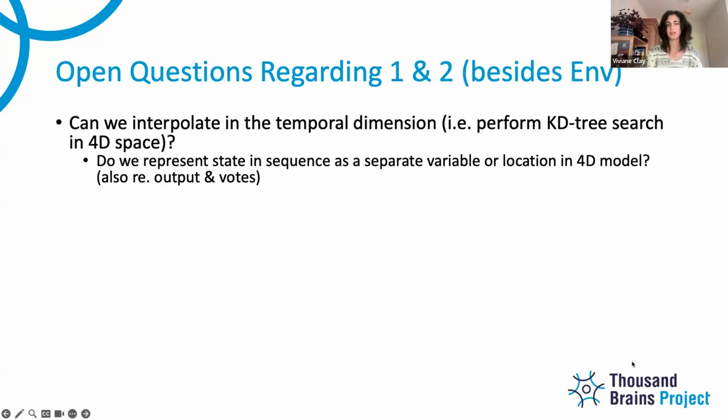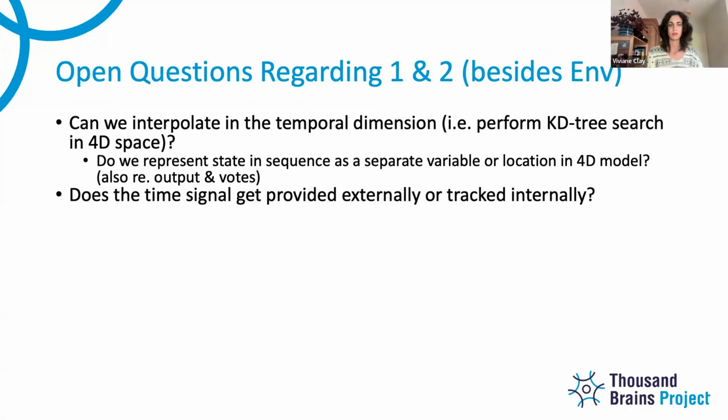But then, yeah, that sounds like generally in Monty we could do a lookup in the state space to the slice before and the slice after to do a bit of interpolation. And then this one, like we already talked about, the time signal gets provided externally to all of them.